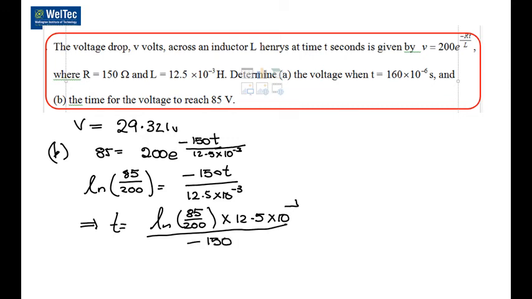I think that's meant to be negative 3. And push that through your calculator and you get 71 seconds.